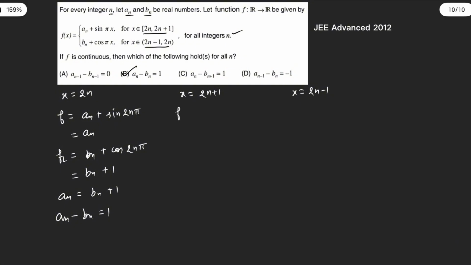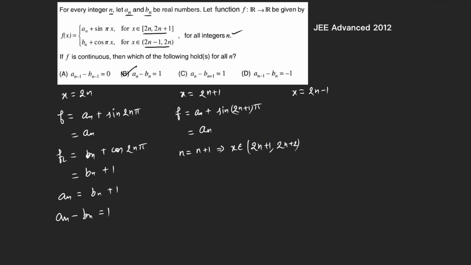We can see that the value of the function at 2n plus 1 is equal to an plus sine (2n plus 1) pi, which is an. And to find the limiting value of f at 2n plus 1, we have to write n equals n plus 1 in the second condition, because then x will belong to 2n plus 1 to 2n plus 2.